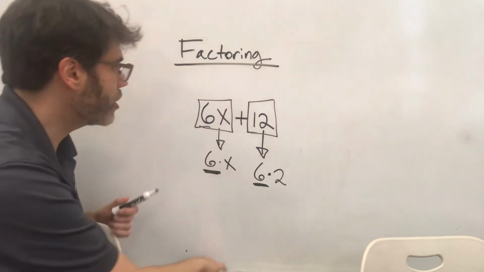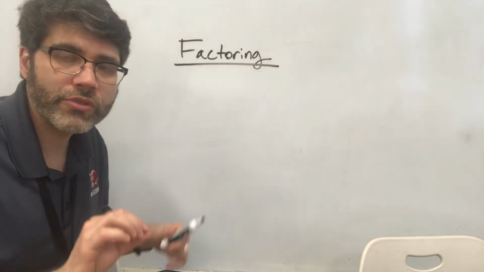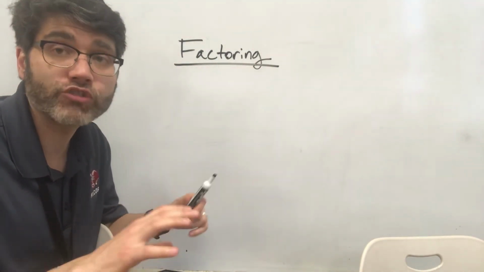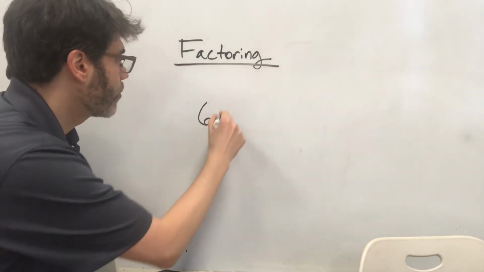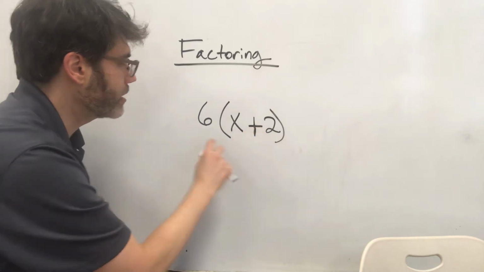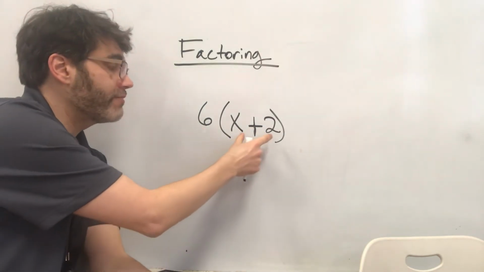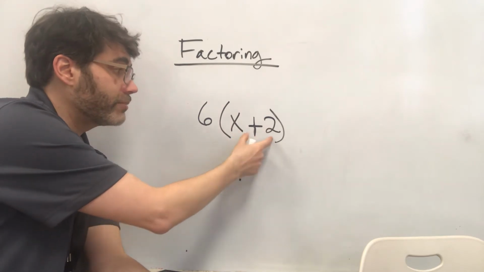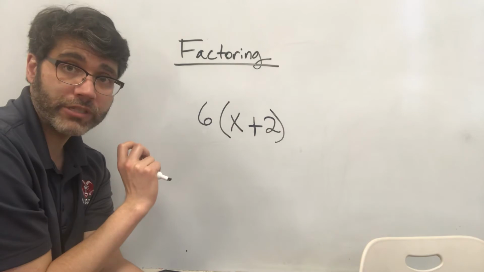Okay, so keeping that in mind, I want to go back to the idea of distribution, okay? So the idea of distribution is we have a number that's on the outside of the parentheses, and then we have variables and numbers on the inside of the parentheses. And what's the first thing that we do?